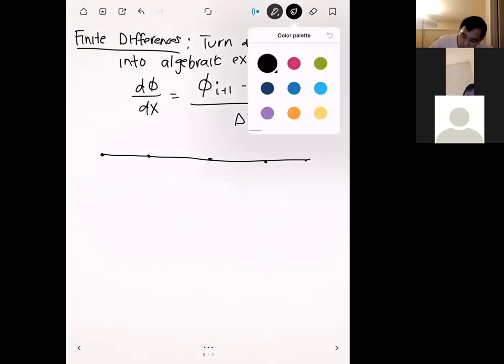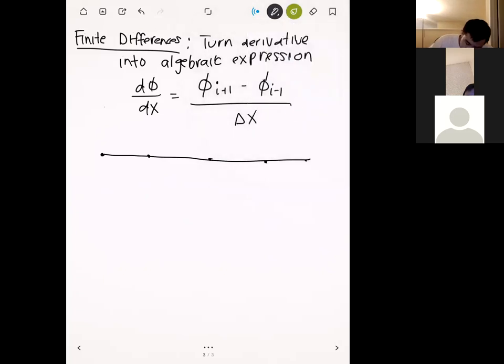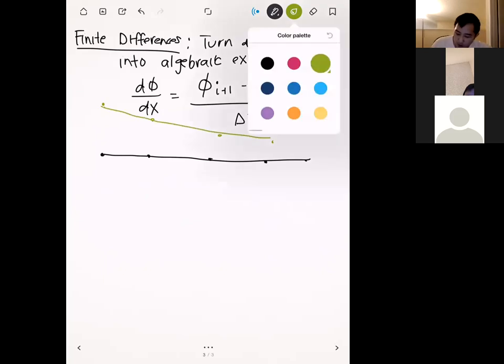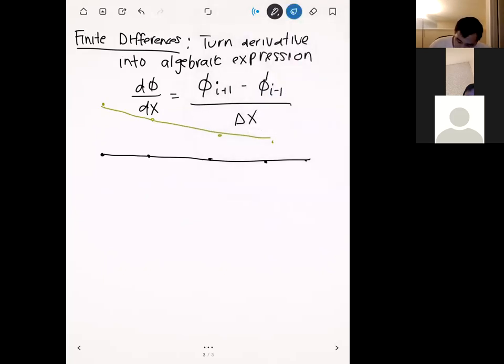And then we have our function values above this line. If we want to take the derivative, say at this location here, we'll call this location 3, what we can do is take the values of the function at locations 4 and 2, take their difference, and then divide it by the distance in between them.